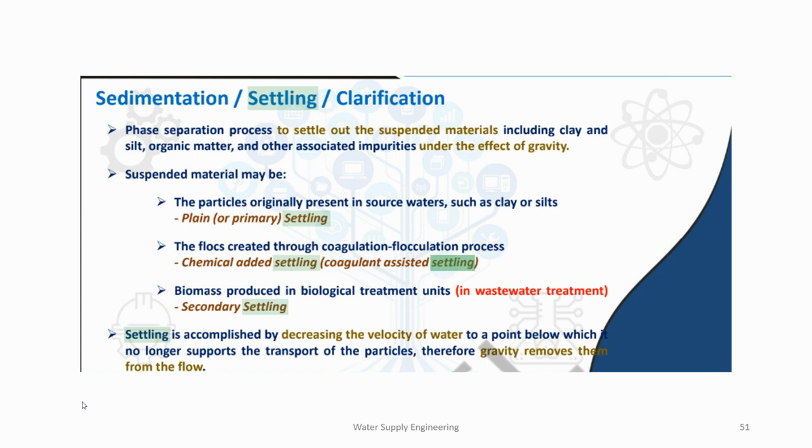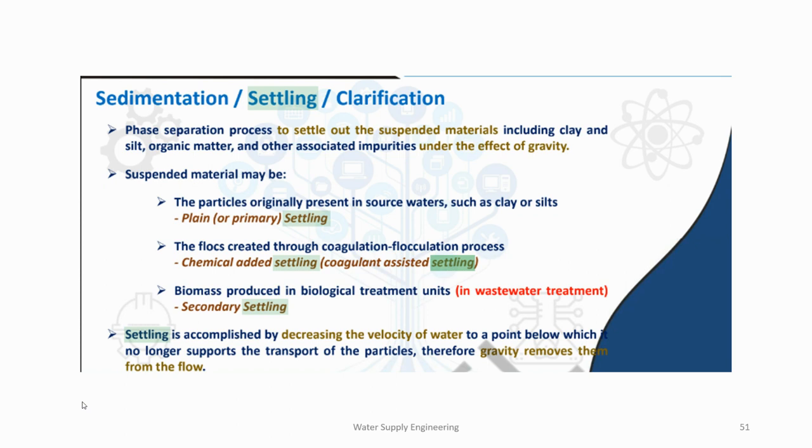But if the particles are flocs created due to the coagulation flocculation process, then we have to go for coagulant assisted settling or chemical added settling. And if the suspended material is biomass that is produced in a biological treatment unit or the wastewater treatment unit, then we have to go for secondary settling.